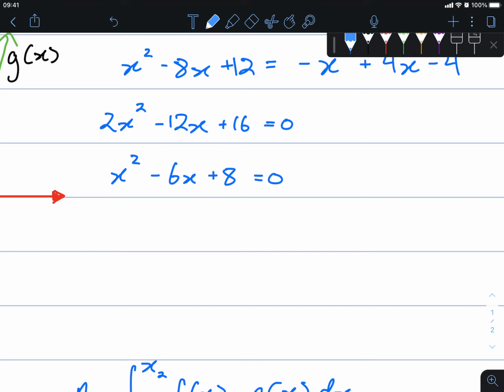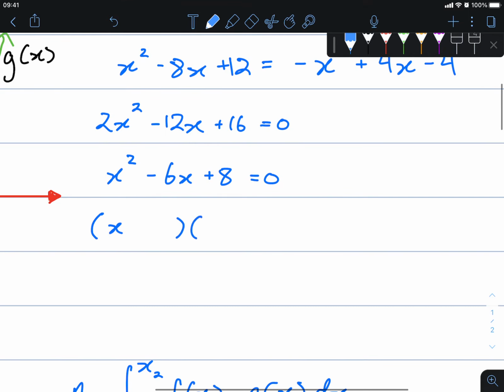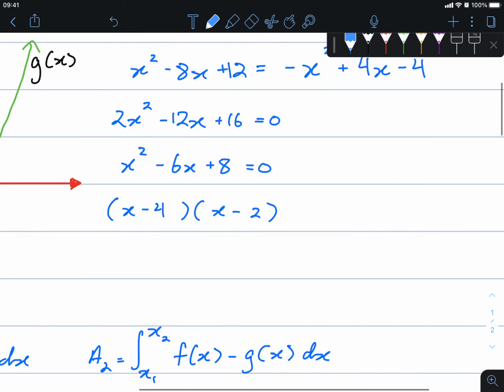Quadratic formula, but in this case, I'm going to try factorize it. We get x minus 4 and x minus 2. I believe it's going to be -4 and -2. -4 minus 2 is -6. -4 times -2 is +8. So that works.